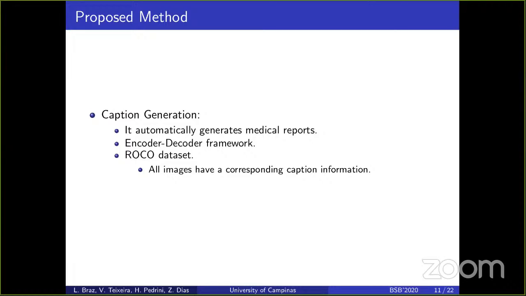The caption generator consists of an encoder-decoder framework where the encoder is a ResNet 152 pre-trained on ImageNet, and the decoder is a long short-term memory, an LSTM network, which receives as input the feature vector from the encoder and produces the image caption as output. We train the caption generator model on the Radiology Objects in Context, the ROCO dataset, where all images have corresponding caption information.